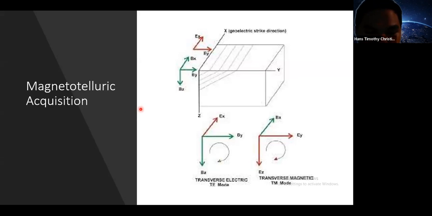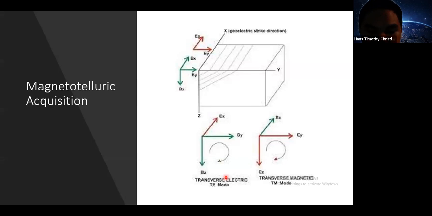The sensors used for recording the data consist of 2 types, namely electric sensors and magnetic sensors. Electric sensors record electric field data, and magnetic sensors record magnetic field data.